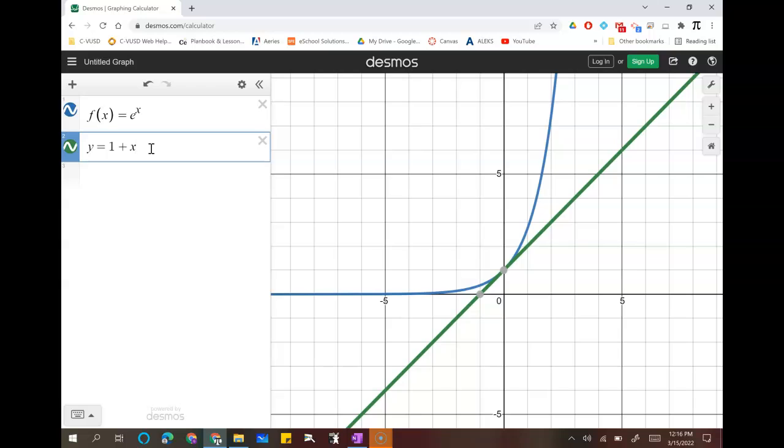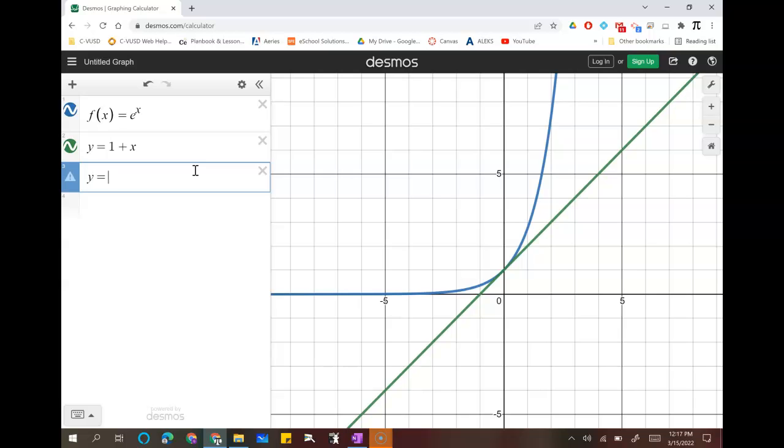Again, near our blue curve, the green line, if I'm right around here at the center of 0, I'm going to have a pretty good approximation, right? But the further away that we get, the less accurate we're going to be. Let's put in my second degree Taylor polynomial and see how that improves things.